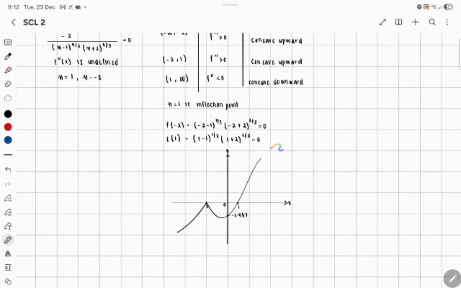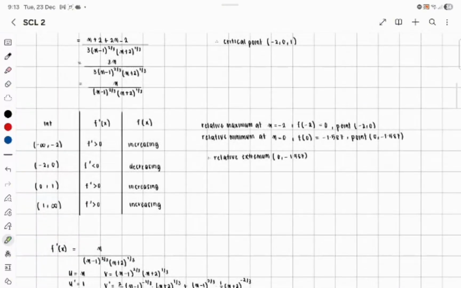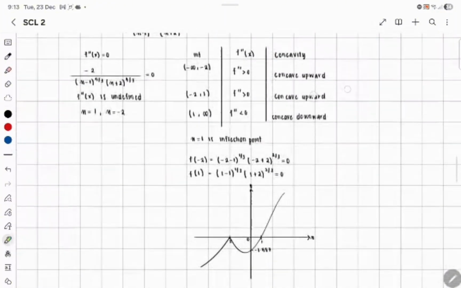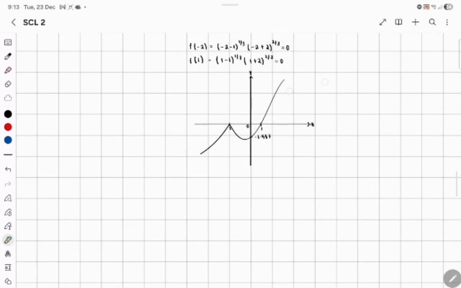To sketch the graph, we put together all the points we got before, and we can make the graph.